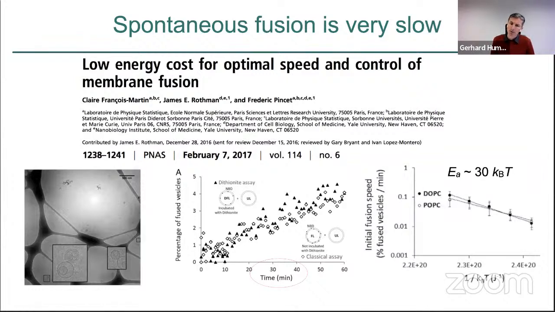And even if they are close in space, a quite large activation barrier has to be overcome to get them into fusion, because you have to open up the hydrophobic core of the two bilayers and bring the two cores into contact for the two leaflets, initially four leaflets, to fuse into a new single membrane structure.